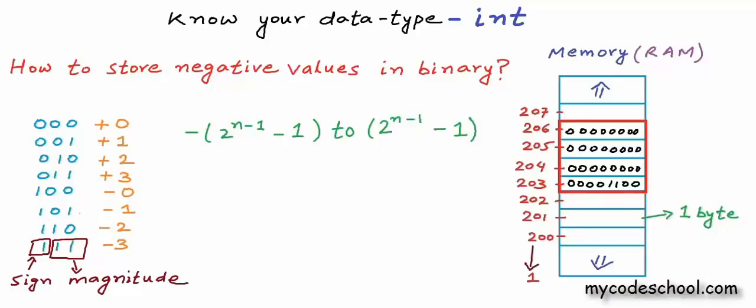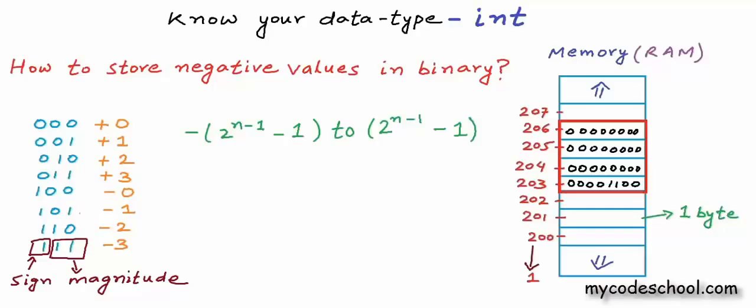Because we are using n minus 1 bits for magnitude, the maximum magnitude that we can have is 2 to the power n minus 1, minus 1. And because now we also have a sign bit to say whether it's a positive number or a negative number, the maximum negative value that we can store would be the negative of the maximum possible value.